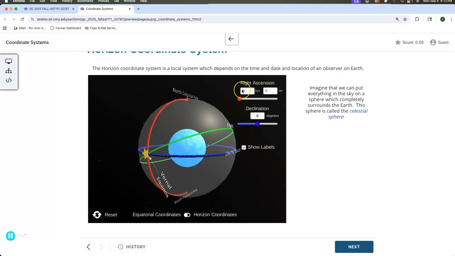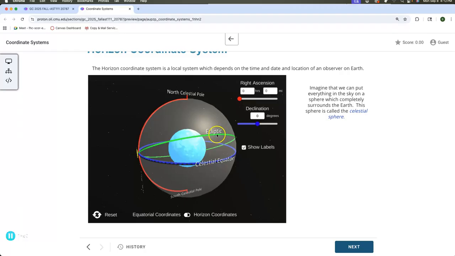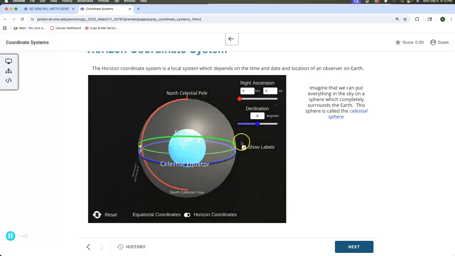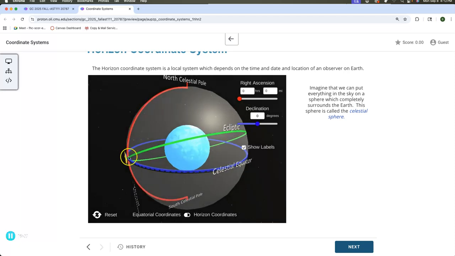What's 0 hours right ascension? How did we pick 0 hours right ascension? Well, let's look at the ecliptic here. What is the ecliptic? The ecliptic is the path that the sun appears to take around the celestial sphere every year, right? Not because the sun is moving, but because the earth is moving around the sun. And so as the earth moves around the sun, we on earth are seeing the sun from different positions around the solar system.